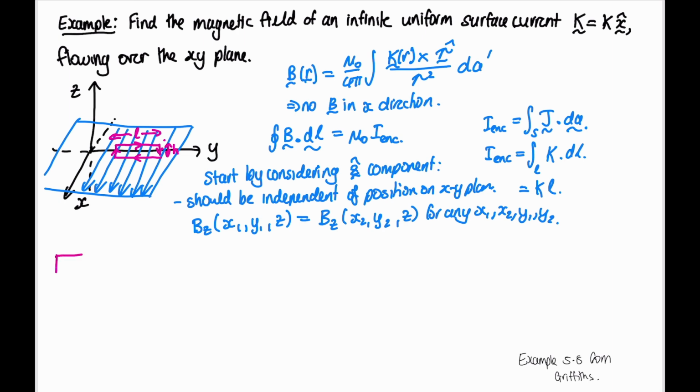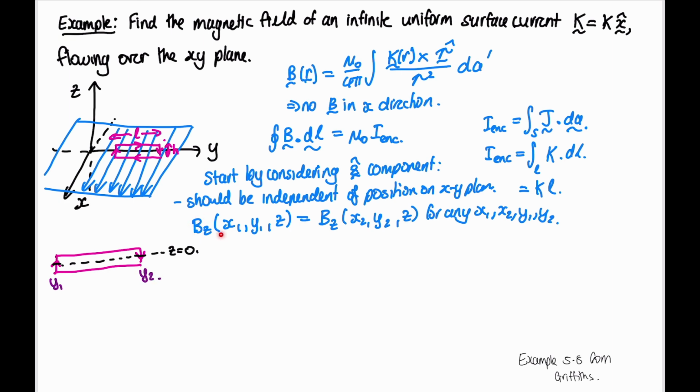Okay, first of all, if we consider, I'm drawing my loop here, and we're considering the X direction, and this point here is at Z equals 0, and this point here is at, say, Y1, and this point here is at Y2.